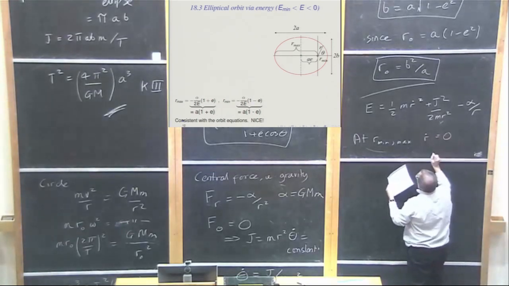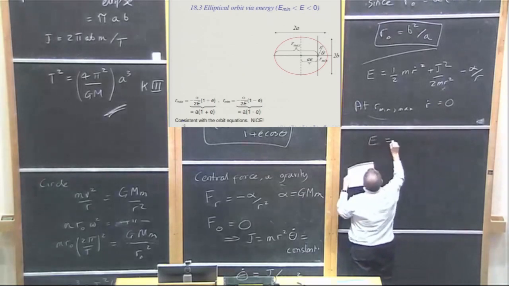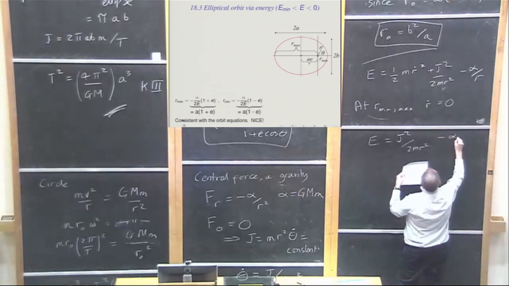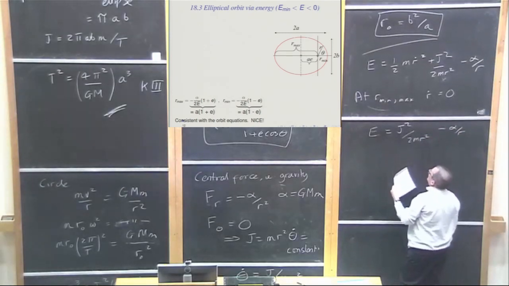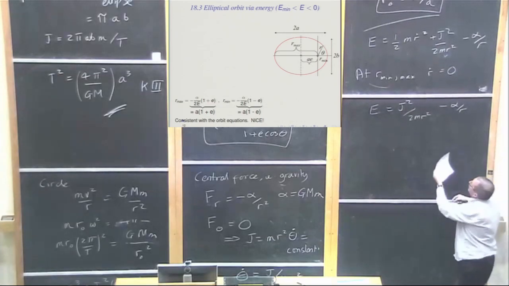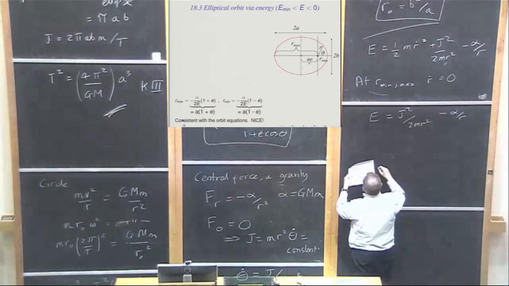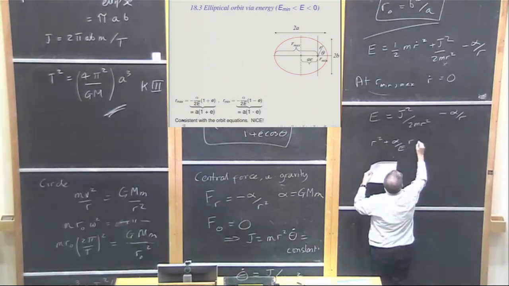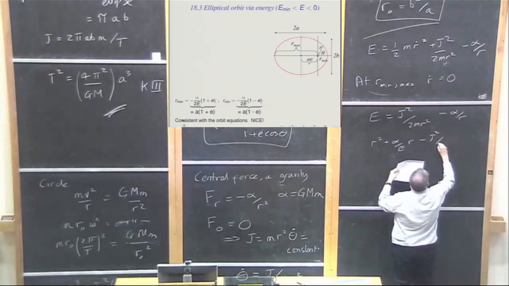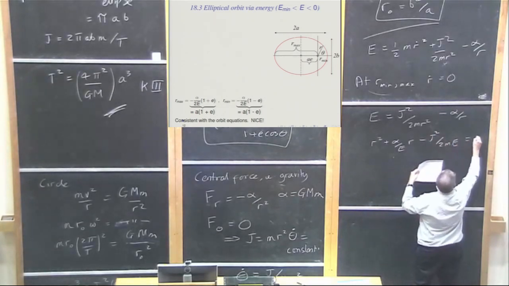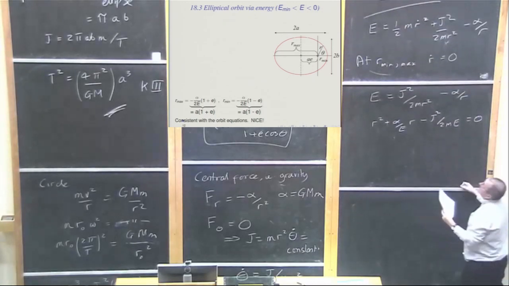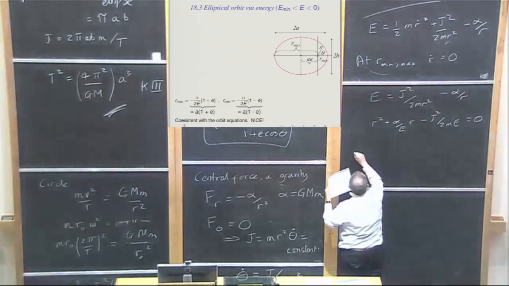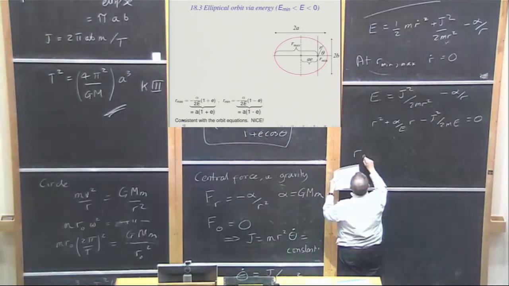Then we have E equals j squared over 2m r squared minus alpha over r, which now if we try and solve in terms of r, we multiply through and we get r squared plus alpha over E r minus j squared over 2m E equals 0. And this is a quadratic which we can solve, so we get r, and this is going to give us max and min.